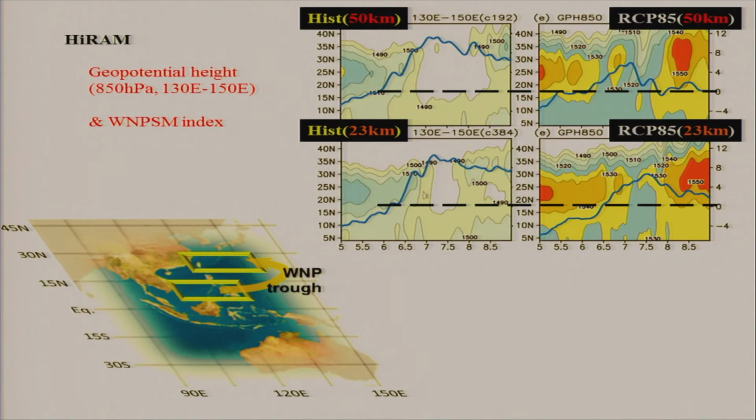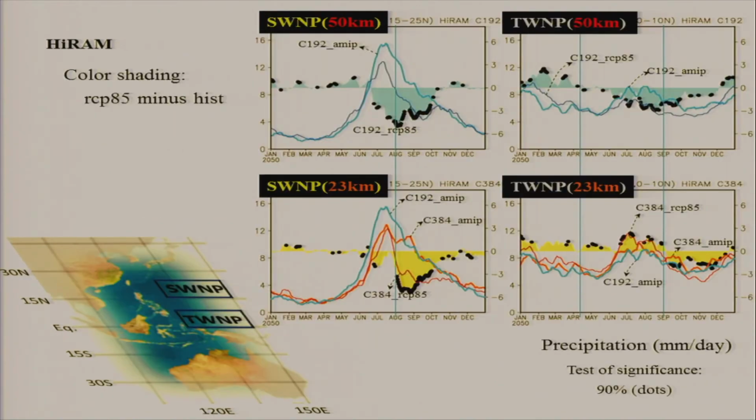However, in the 20 kilometer model, the difference is smaller when compared to its 50 kilometer version. I particularly show you the precipitation change over these two areas, one for the subtropical WNP and one for the tropical WNP.